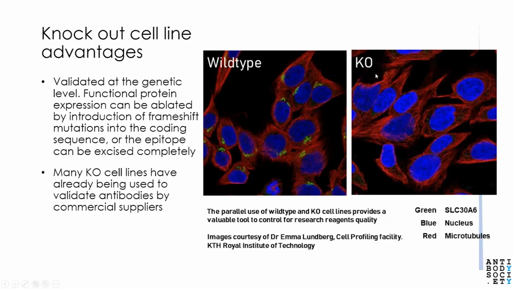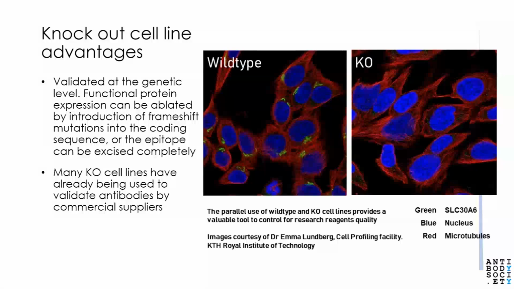And so what you have on the panel on the right is our knockout cell line for SLC30A6. And as you can see, that protein has been ablated, and it's really represented by the antibody that was chosen for this particular experiment, which further validates that antibody as being specific for just that protein alone.